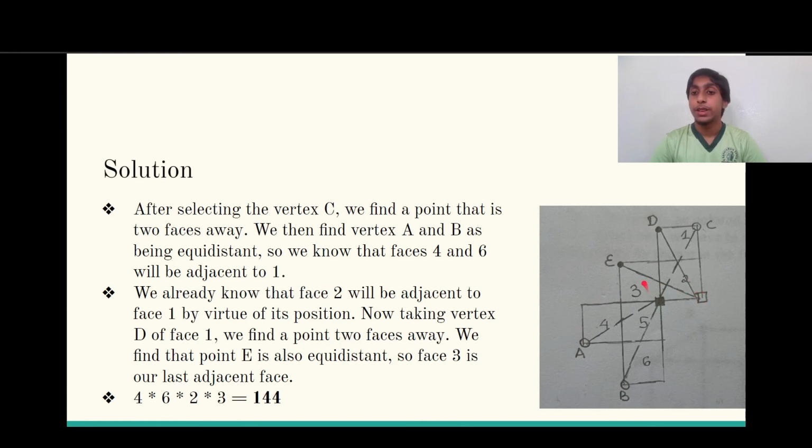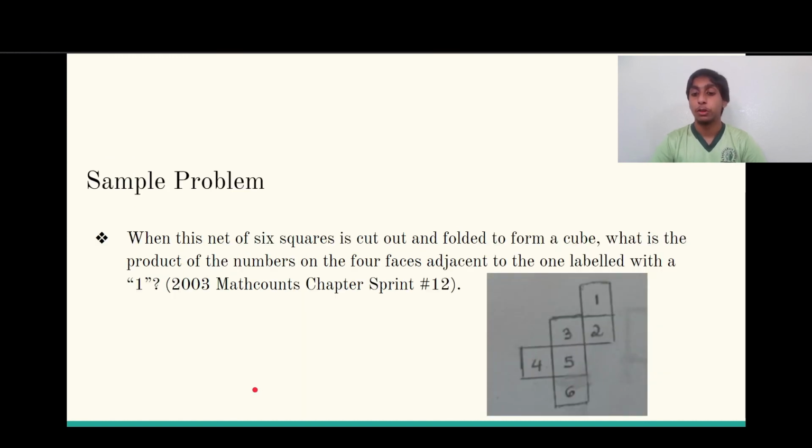So that's how I know that face 3 will be the final face that is adjacent. So then we know that we have 4 faces that will be adjacent: 4, 6, 2, and 3. And when I multiply that, 4 times 6 times 2 times 3, I get 144. So the product of these numbers will be 144 for this problem.